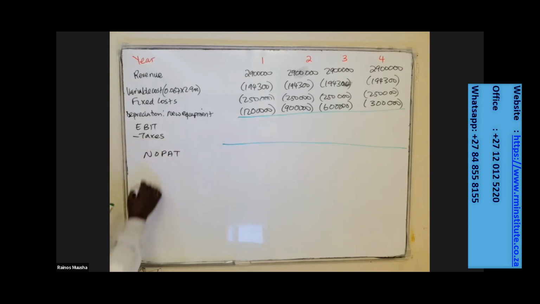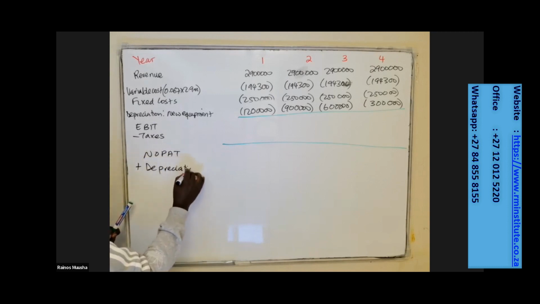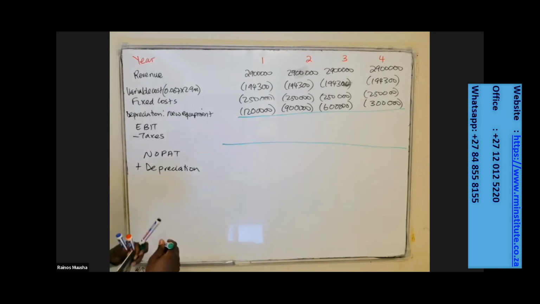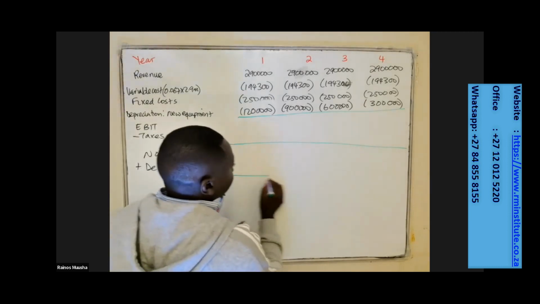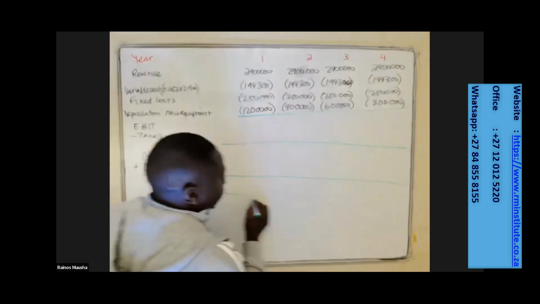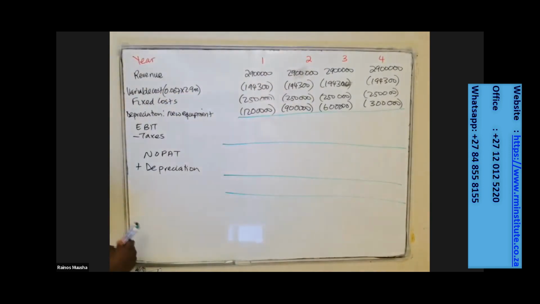Then from there, we add back the depreciation because it's a non-cash item, to remove its effect. And this is how we are now going to be able to determine the operating cash flow.